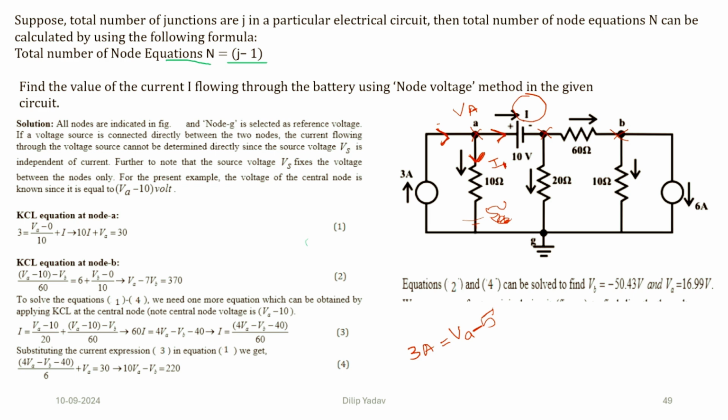But in this case we don't have any other source connected, only the resistance is there, so it will be VA minus 0 divided by the resistance that is connected to the circuit, that is 10. Now this was the first current that we have said, this was the second current.